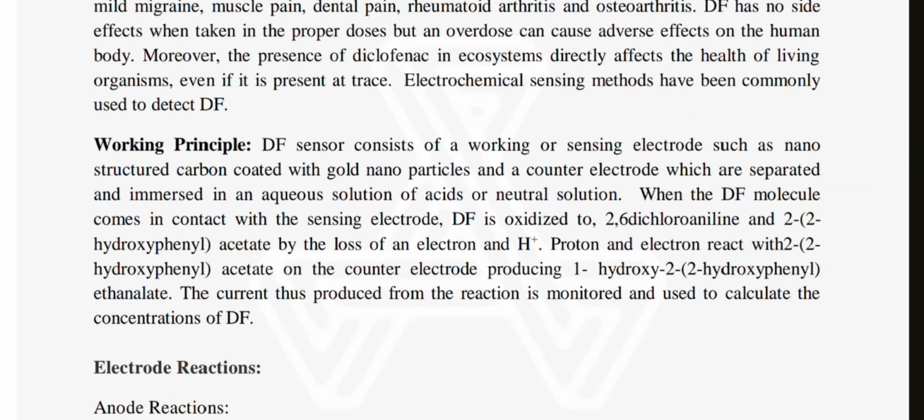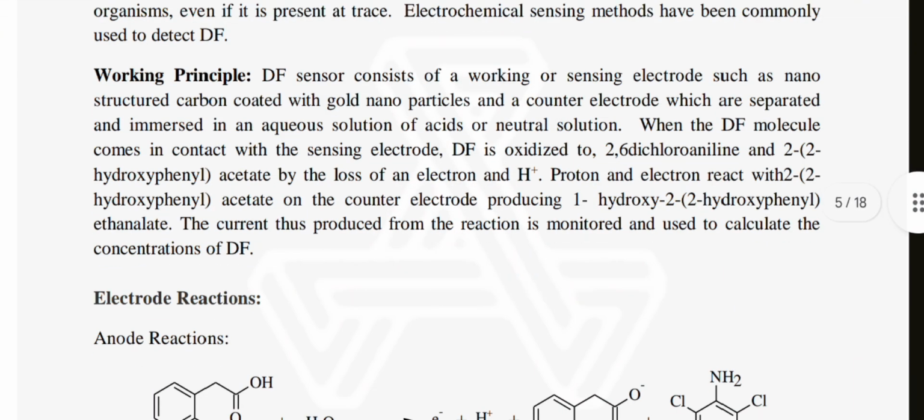A diclofenac sensor consists of a working or sensing electrode, such as nanostructured carbon coated with gold nanoparticles, and a counter electrode, which are separated and immersed in an aqueous solution of acids or neutral solution. When the diclofenac molecule comes in contact with the sensing electrode, diclofenac is oxidized to 2,6-dichloroaniline and 2,2-hydroxyphenyl acetate by the loss of an electron and H+.